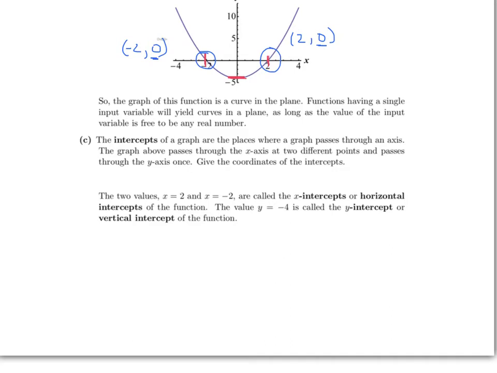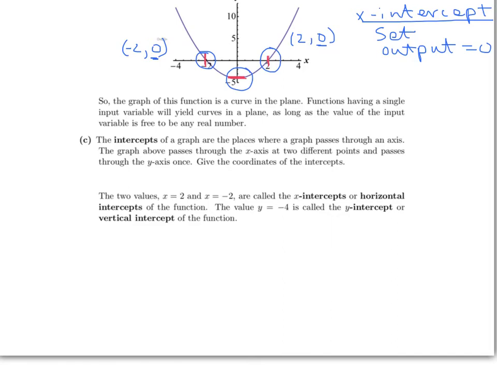In other words, to find x-intercepts, you set your output equal to 0. So I'm going to summarize that here. For an x-intercept, you have to set your output equal to 0.